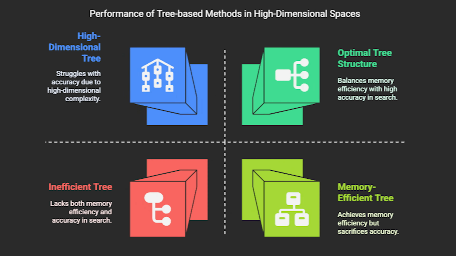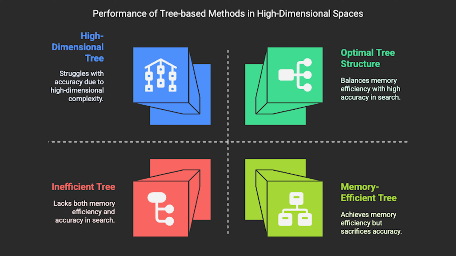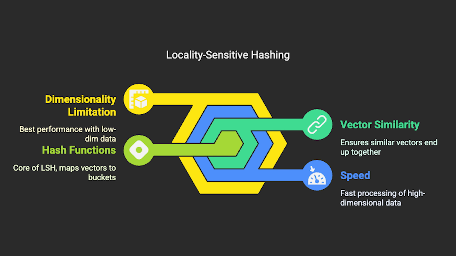The third one is tree-based methods. A tree divides the space into zones. It only searches the zone which we need. Memory-wise, we can observe great memory efficiency from tree-based methods. The other one is LSH, locality sensitive hashing. It uses hashing functions, so similar vectors will be labeled into the same buckets.